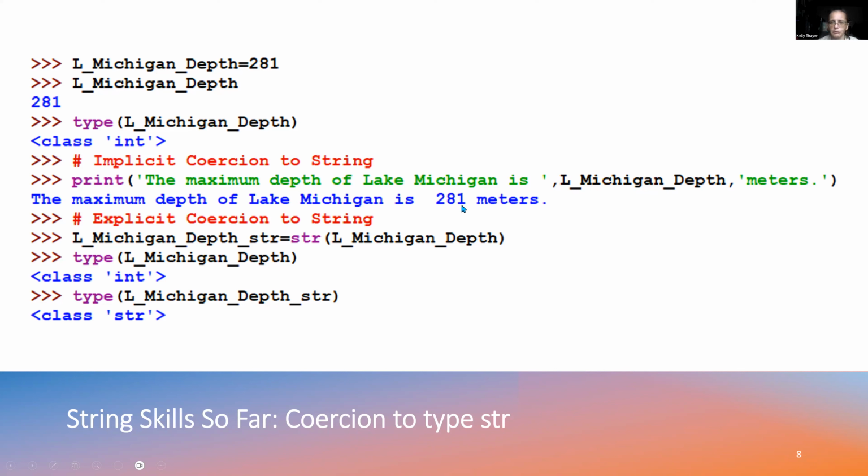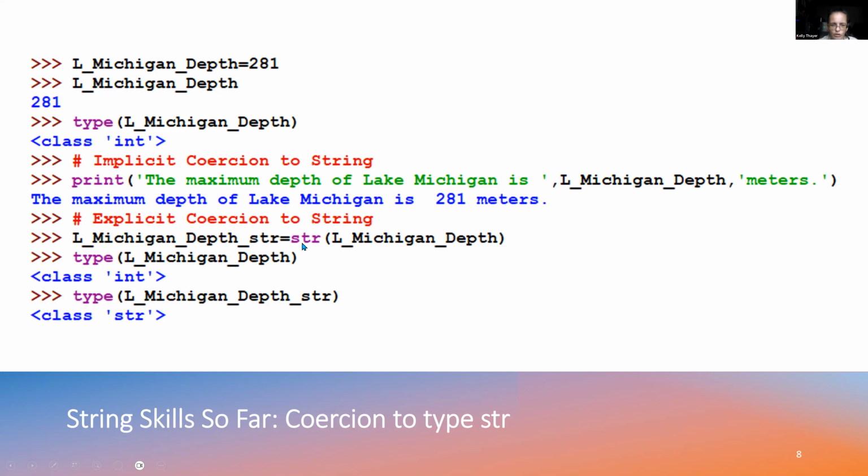Now it's implicit because Python did it for us. If we had done str of Lake Michigan depth explicitly here, as we did in some of our exercises, then it would have been an explicit coercion. And here's an example down here. So explicit coercion to a string. Here's Lake Michigan depth string equals str of Lake Michigan depth, right?